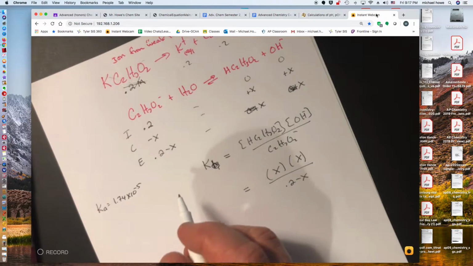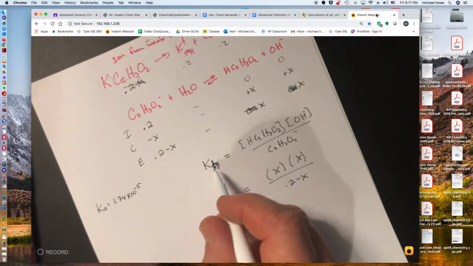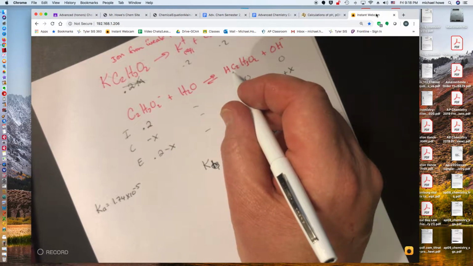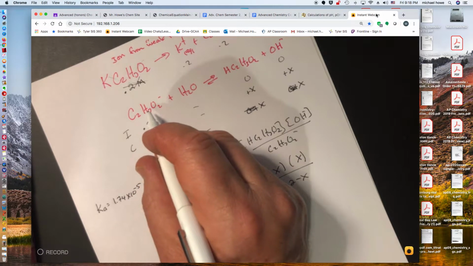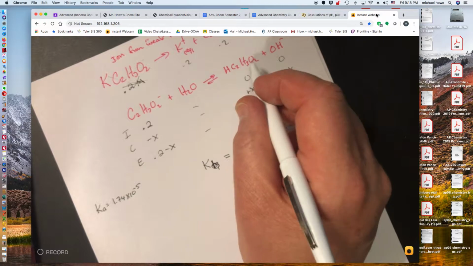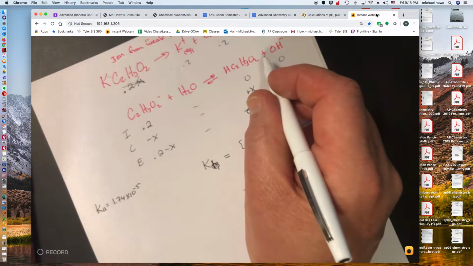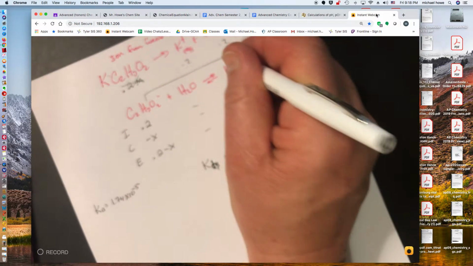All right, I want to show you a relationship now between Kb of an ion and Ka of its conjugate acid. So in this case, this was a base, and that's an acid. The water's an acid. So this would be the conjugate acid, and that is the conjugate base. So I'm going to show you the relationship between conjugate acid-base pairs.